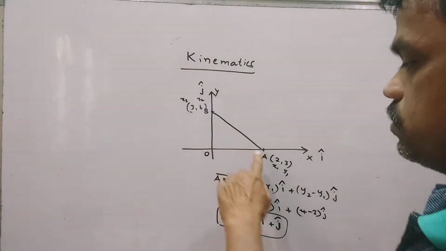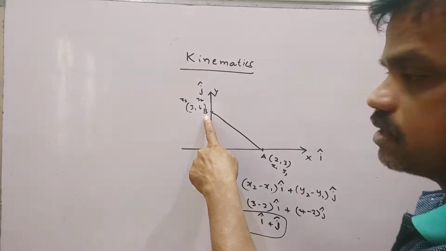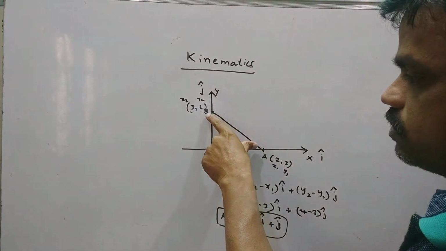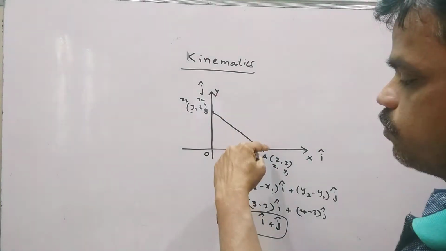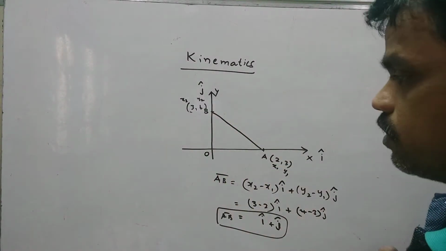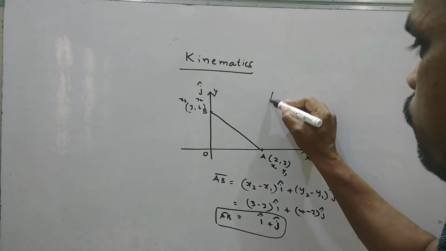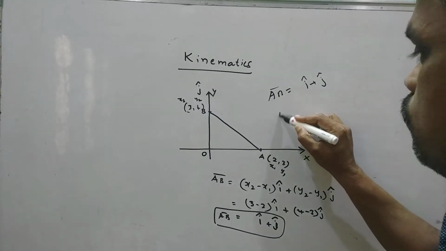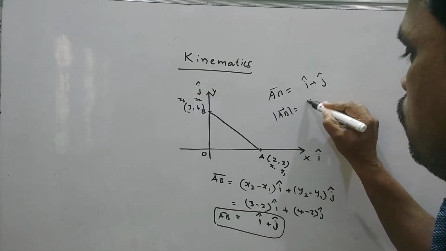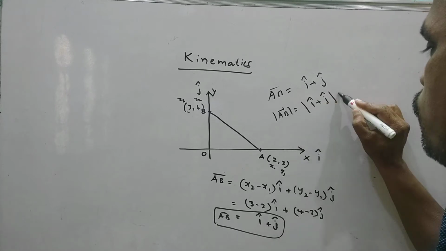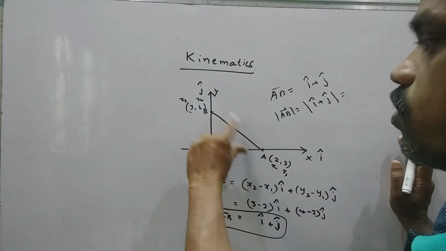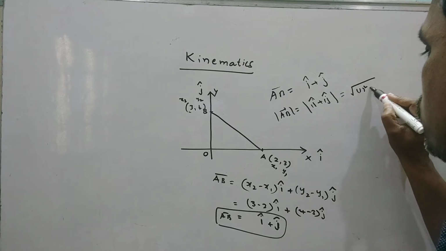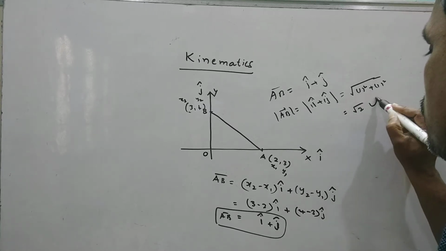See here, this is point A, this is point B. This is the length of the vector, that is nothing but the distance between point A and point B. So if AB equals i plus j, if you take the modulus of this vector, you will get the length of this vector, that is nothing but the distance between point A and point B. The modulus equals the magnitude, 1 square plus 1 square, so you will get root 2 units.